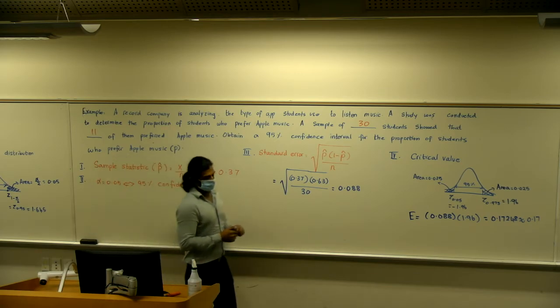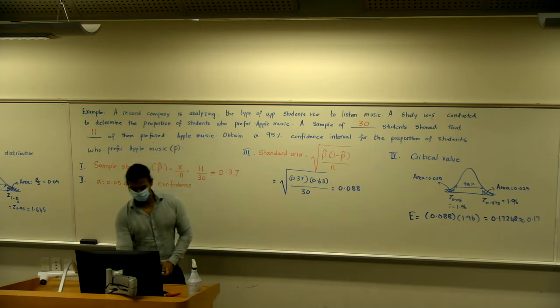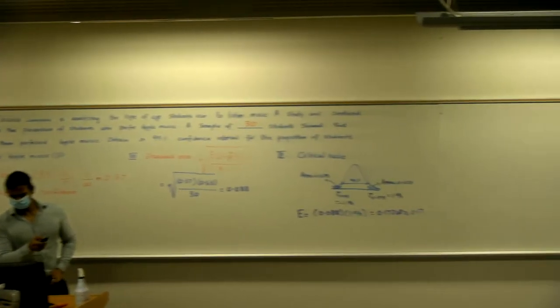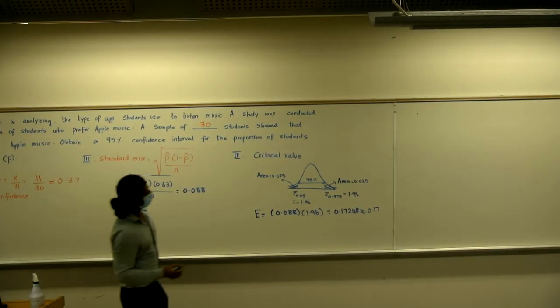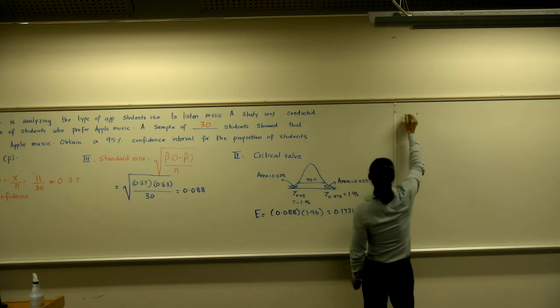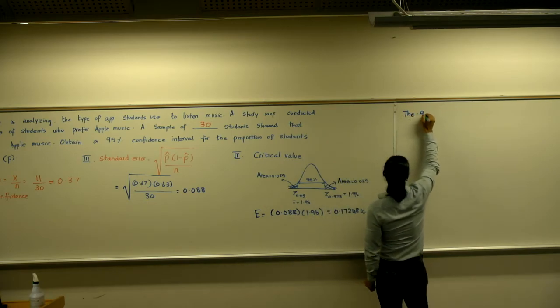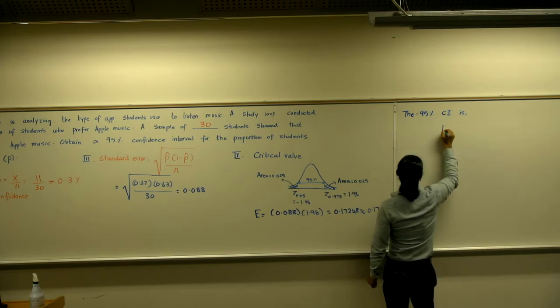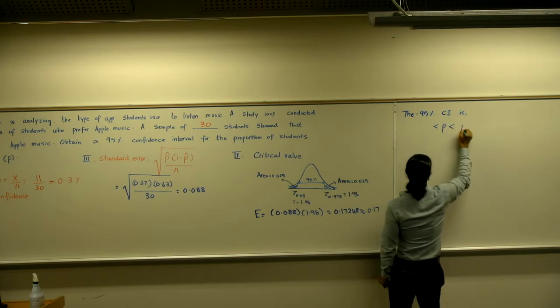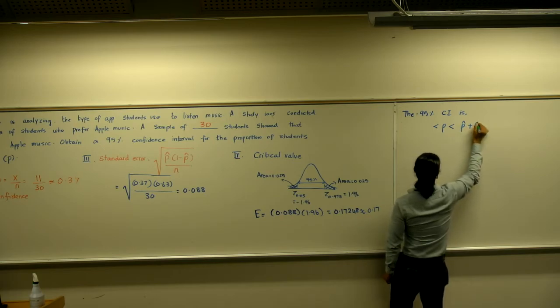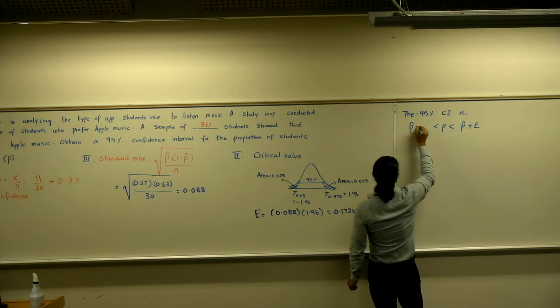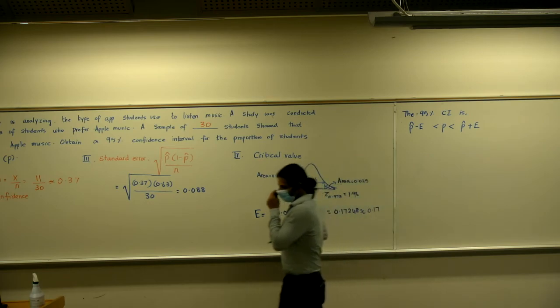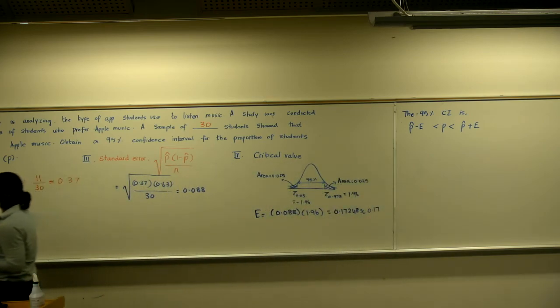Good. And how do we find the interval? We add and subtract the margin of error from the sample statistic, which is 0.37.